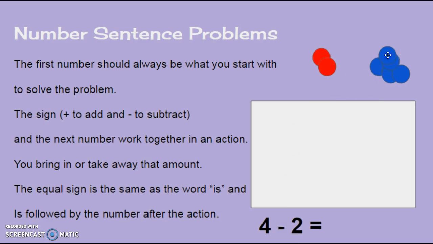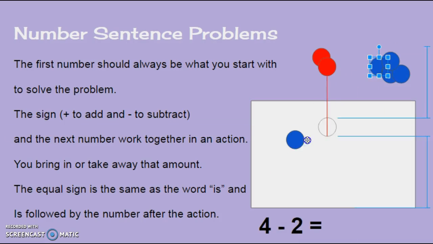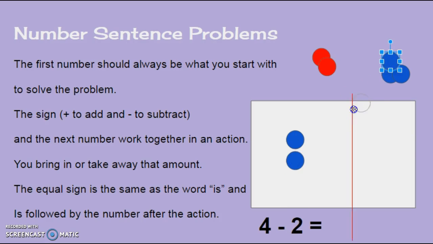So let's go ahead and start with our starting number, as we always want to do. And so I have my 4 here to match my starting number 4. Next thing is going to be my action that happens. I am taking away 2.